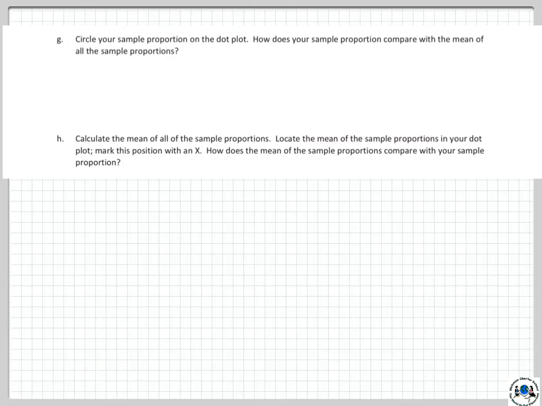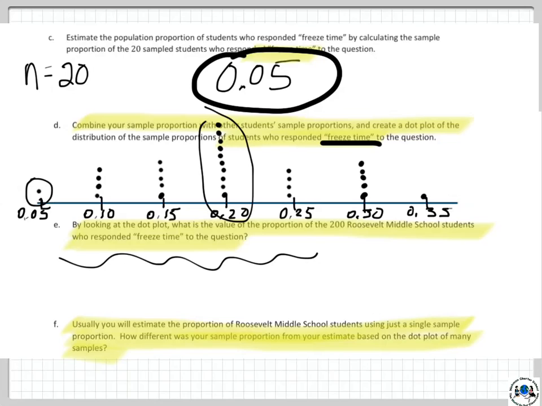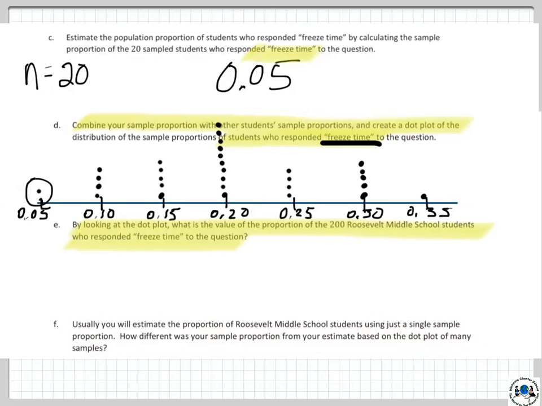Anyway, H here says go ahead and calculate the mean of all the sample proportions. All right, and they're going to locate the mean of the sample proportions in your dot plot and mark this position with an X. So again, we're going to take all of this data here. I'm going to see if I can erase a bunch of this stuff so I can get some things out of the way. All of this here, so it's a little bit easier for everyone to see.